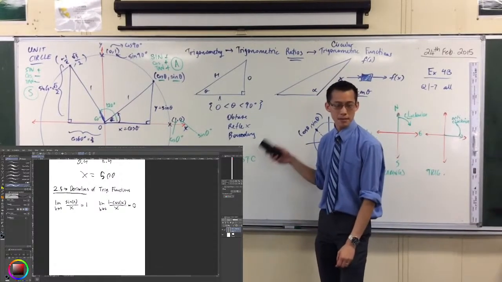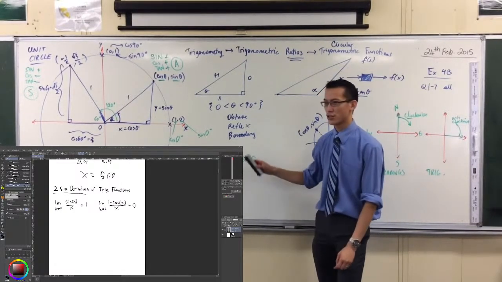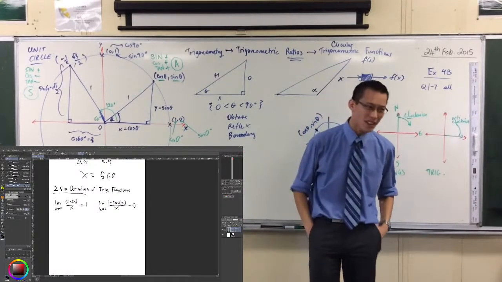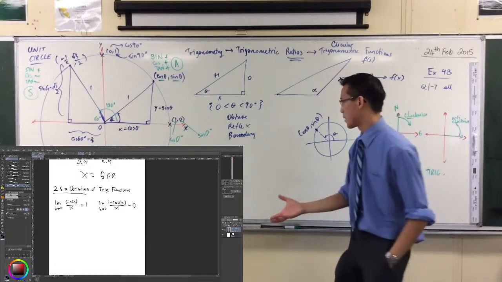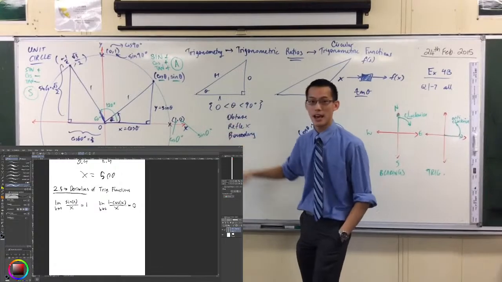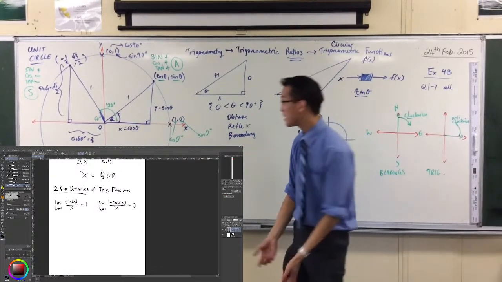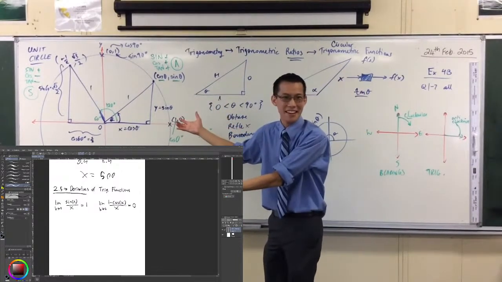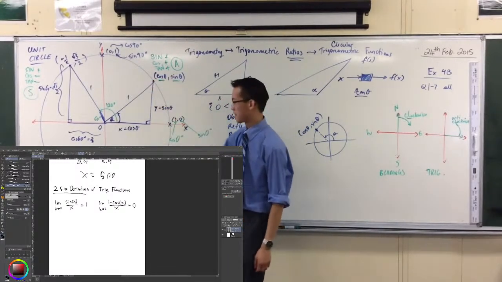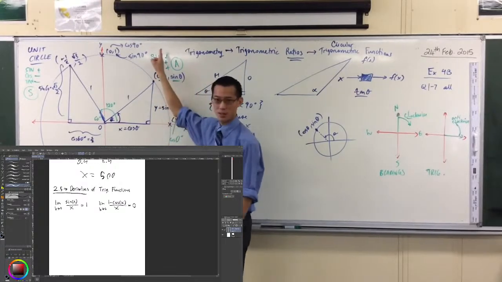Now, here's the thing though. This acronym, I really dislike this acronym. The reason why is because many people learn it, ASTC, and it masks understanding what's really going on. All that's really going on is, look, my x and y's will be positive up here, because x is positive here and y is positive here.